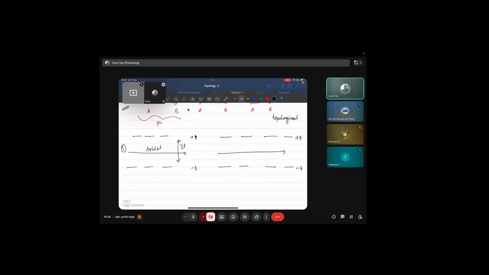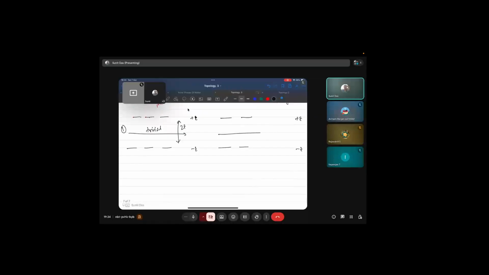And here only two. This is plus T, this is minus T. And here comes the important point: at zero energy, there are two states. This is energy equal to zero, and this is also energy equal to zero.